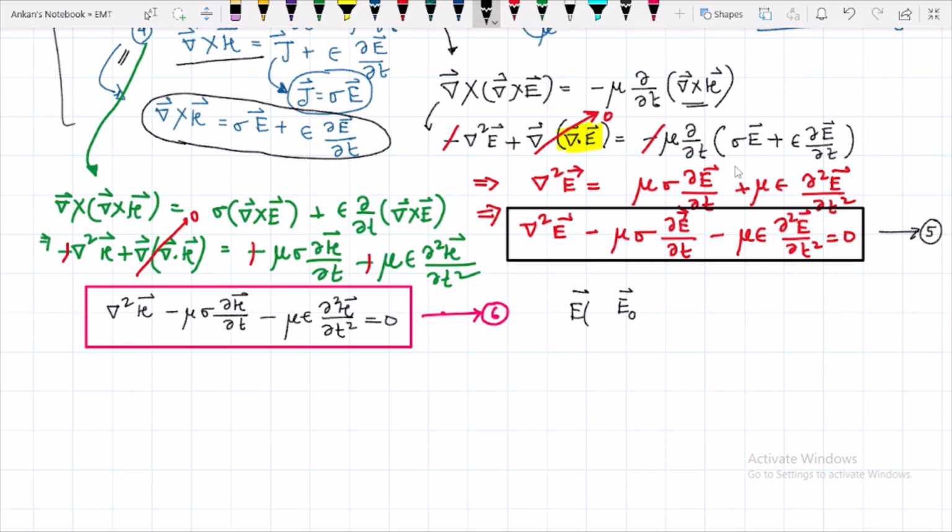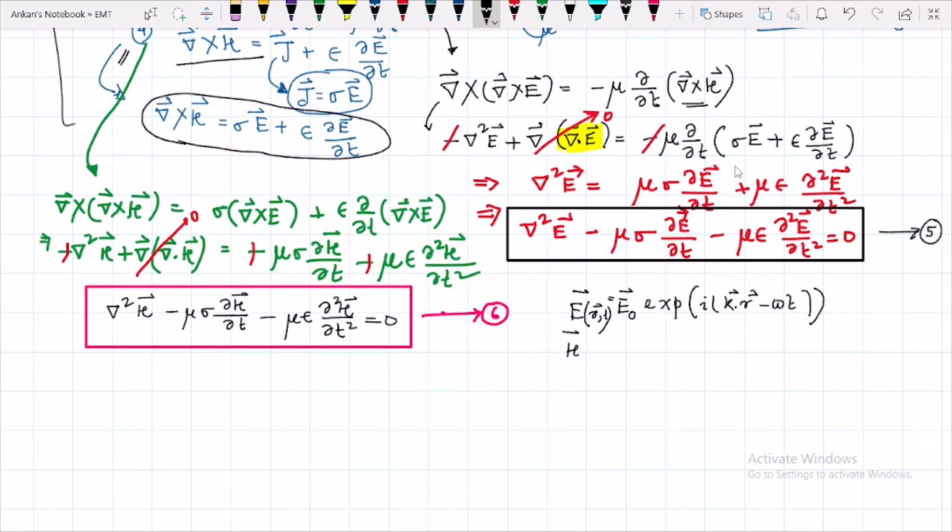The electric field as a function of position and time is equal to E naught, which may be a complex amplitude. E naught is the complex amplitude of the electric field, times exponential of i of k dot r minus omega t. If we take the plane wave solution, we obtain the form of the electric field as this.